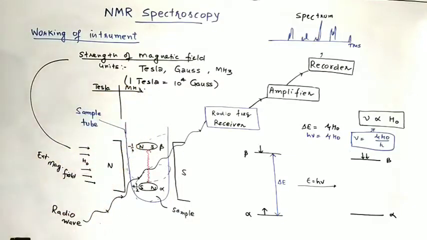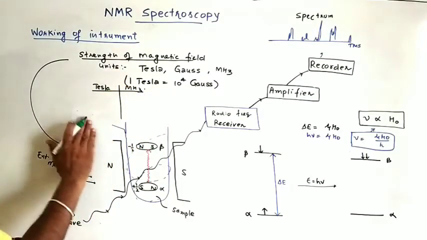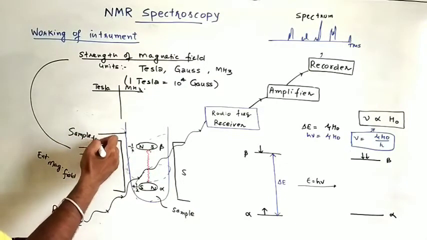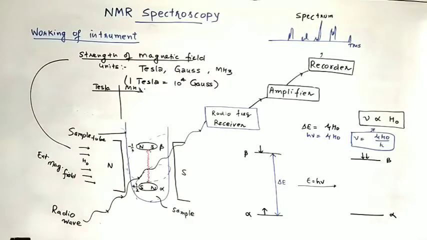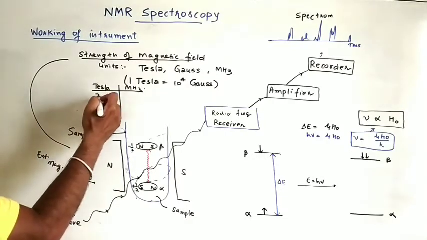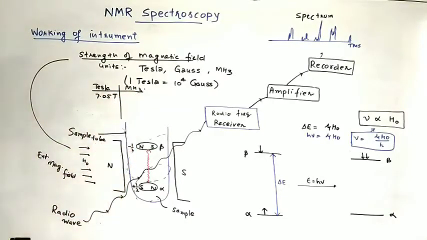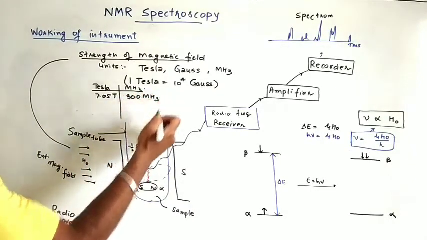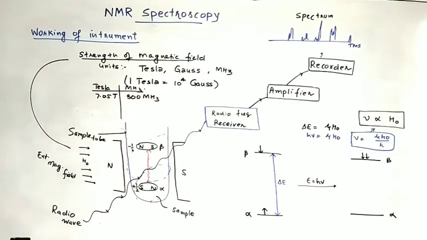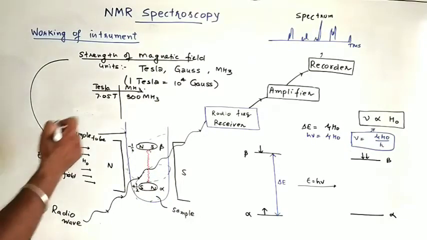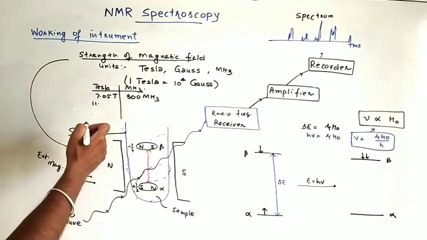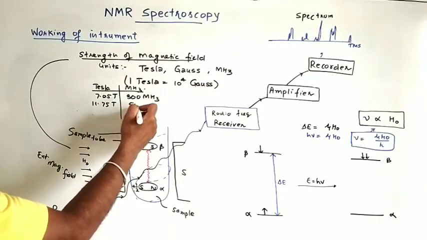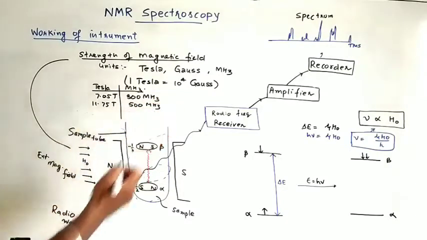The sample tube is made up of glass. If we have 7.05 Tesla, it will be equivalent to 300 megahertz. There are various instruments like 300, 500, 700, 900 megahertz. So you can compare the corresponding strength of magnetic field from here, 500 megahertz.